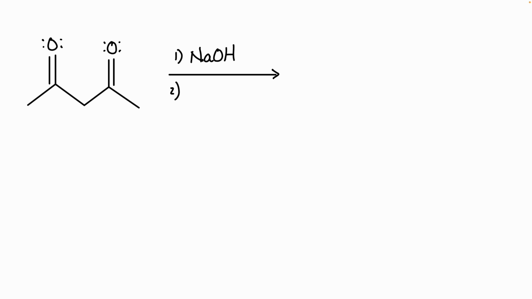Then we're going to add in our enone. And then, as we saw in our mechanism, we're going to have this last protonation step as well. So here's our sort of reagent list for these Michael reactions.